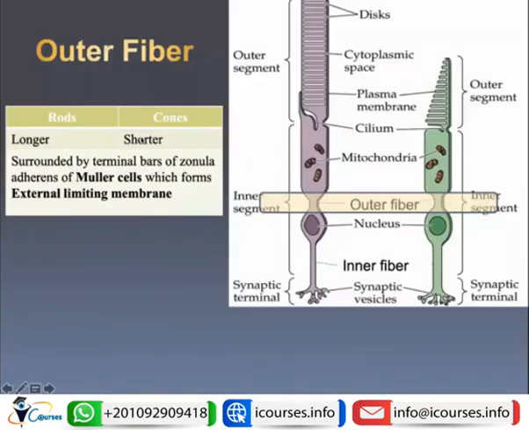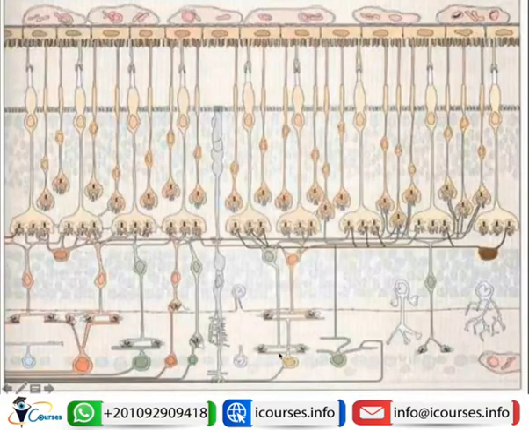And the very important part about it is that it is joined horizontally by what's called the terminal bars or zonula adherens of Müller cells, which form the external limiting membrane. Meaning that you can see this is the section of the retina. So these are the choriocapillaris, these are the retinal pigment epithelium, and these are the photoreceptors.